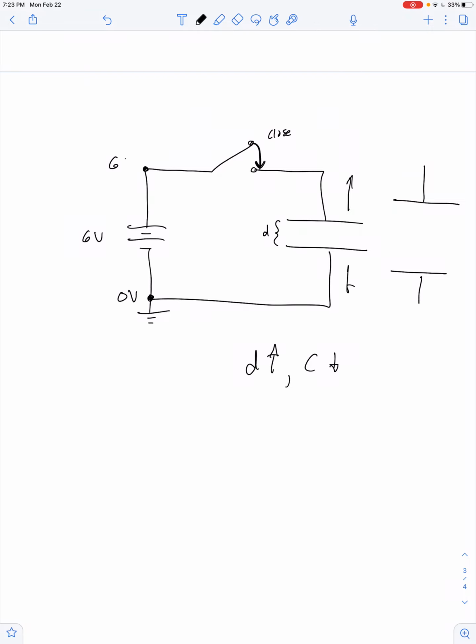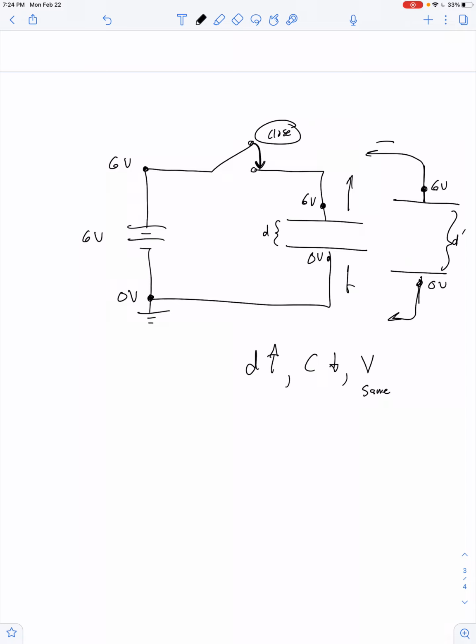So the electric potential here has to be 6 volt, and here has to be 0 volt. And even if we move the plates farther apart to a separation of D prime, as long as the switch is still closed, this is going to be a path that leads us to a potential of 6 volt, and this is still going to lead us to 0 volt. And so actually, no, the voltage this time is the thing that stays the same, right?